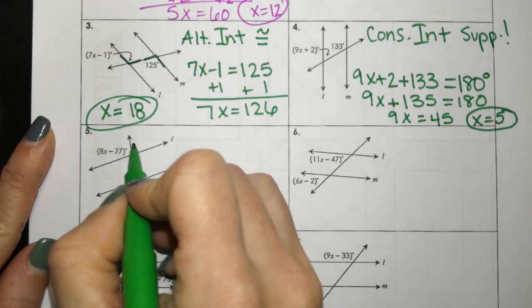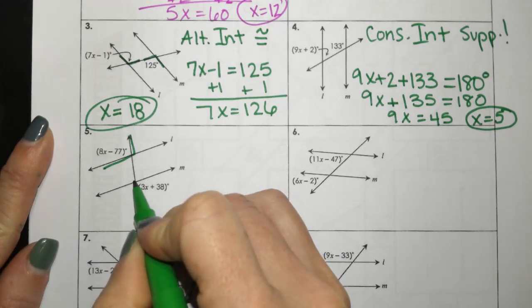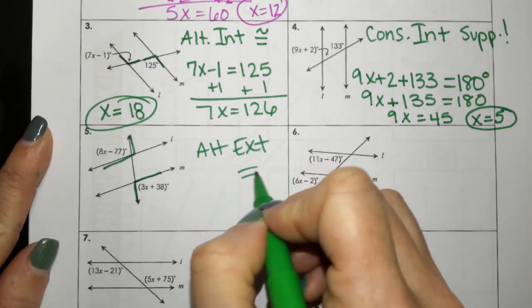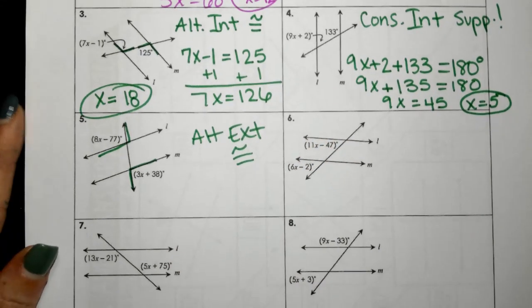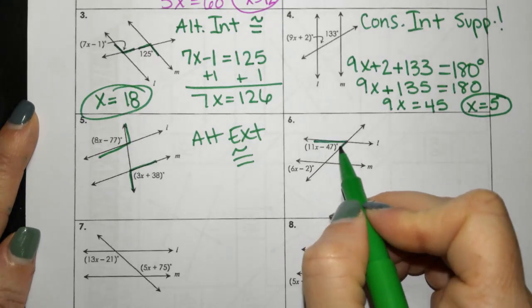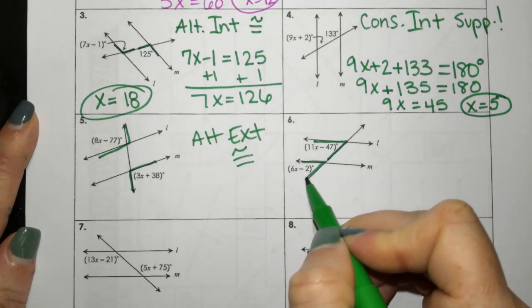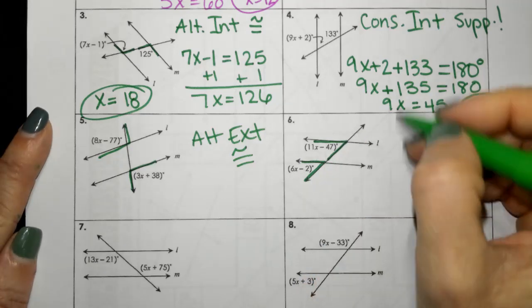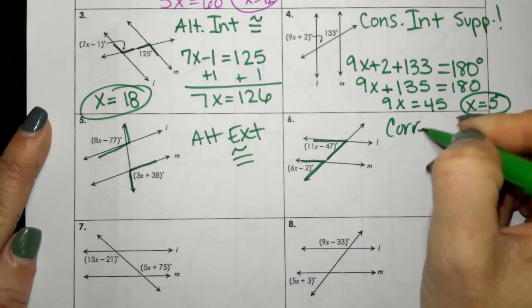Okay, down here, alternate exterior, so congruent, so you set those up equal to each other to solve. This one and this one are the same, just at different places on the transversal, so these are corresponding.